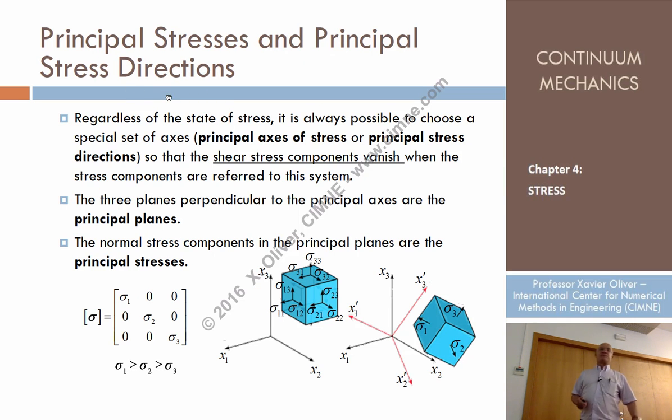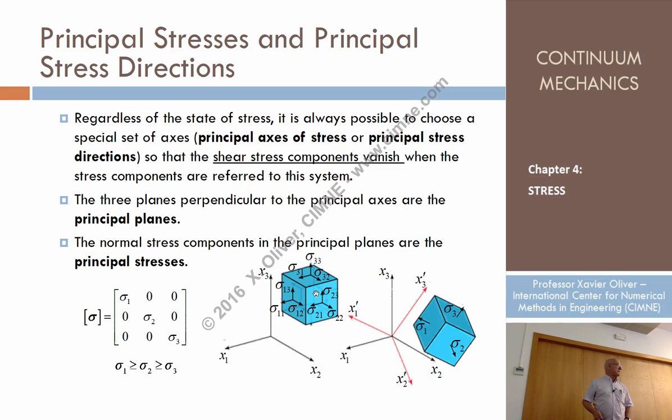Principal stresses and principal stress directions, a very important concept. Look, I told you that the stress is one physical entity depending on points, which has components when I choose a certain basis. The components can then be interpreted in that way as we have done. What happens if I change the system of coordinates to another orthogonal Cartesian system?